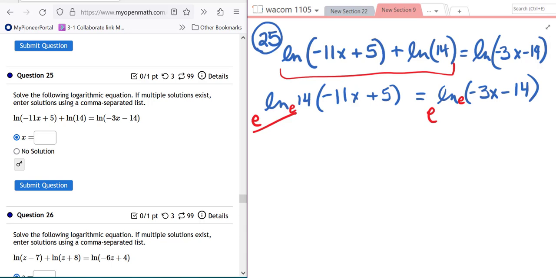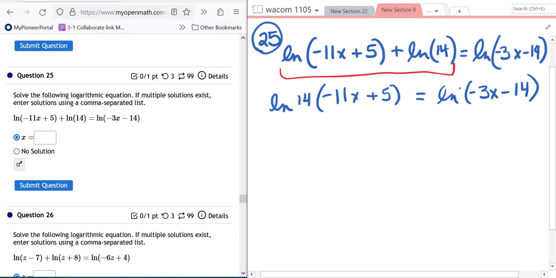So what you can actually do, and that was a natural log, is once you have it to this point where you have one log on each side, same base, you can actually drop the logs and set the arguments. These are called the arguments. You can set them equal to each other.